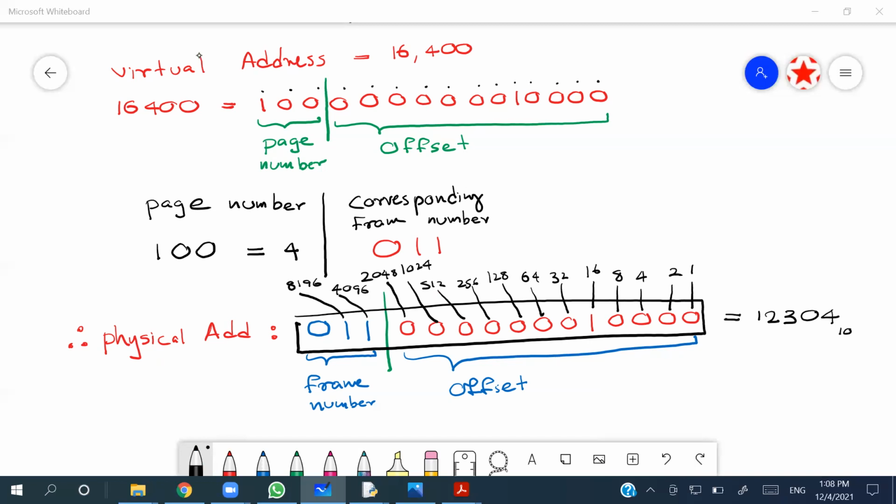So to get this 12,304, we consider the place values which have a 1 inside the memory address. So 12,304 is given by 8,196 plus 4,096 plus 16. Is that clear, Divyangana? Right. Simple as that, right?